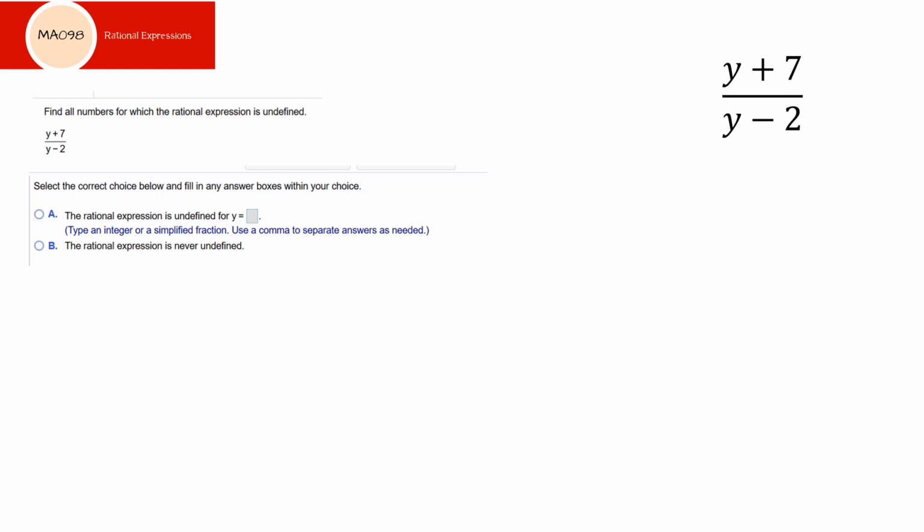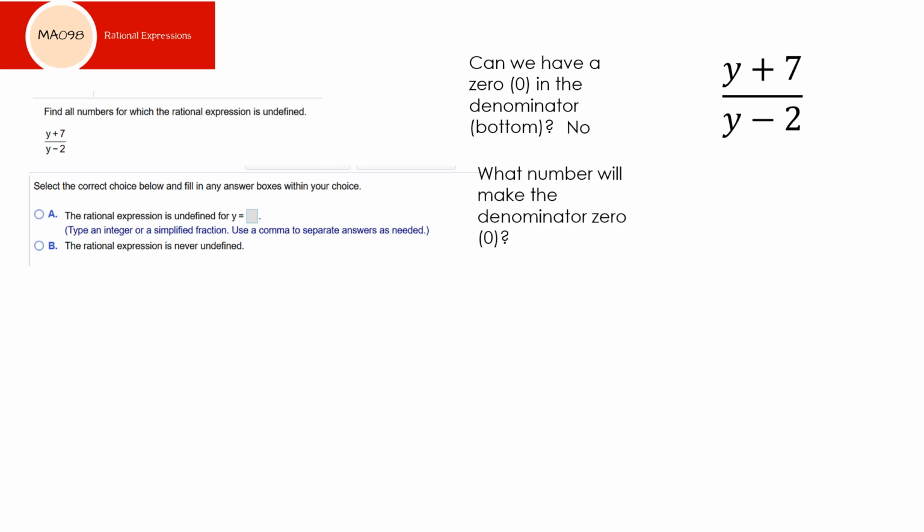Find all numbers for which the rational expression is undefined. Remember, we cannot have 0 in the denominator. And then I ask again, can we have 0 in the denominator or the bottom? No. What number will make the denominator 0? Well, for this case, we can kind of see that it's 2, because 2 minus 2 is 0.